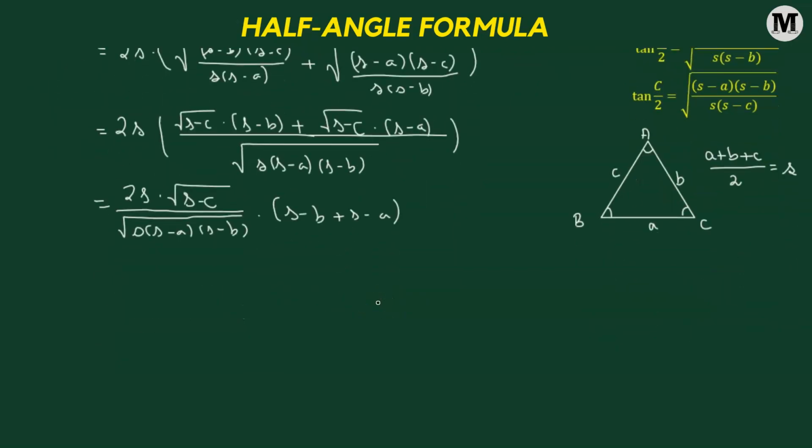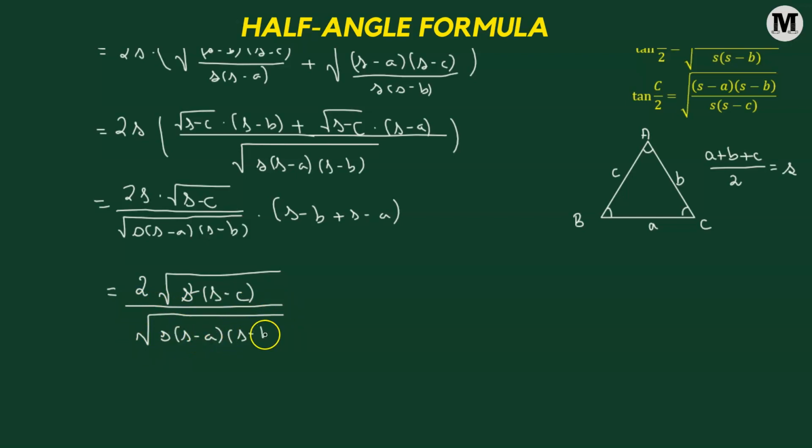Fine. Now what will we do? We're going to take this s inside the square root. This is going to give us 2 times the square root of s squared multiplied by (s minus c) divided by the square root of s multiplied by (s minus a) times (s minus b). Now (s minus b) plus (s minus a) is simply 2s minus a minus b.